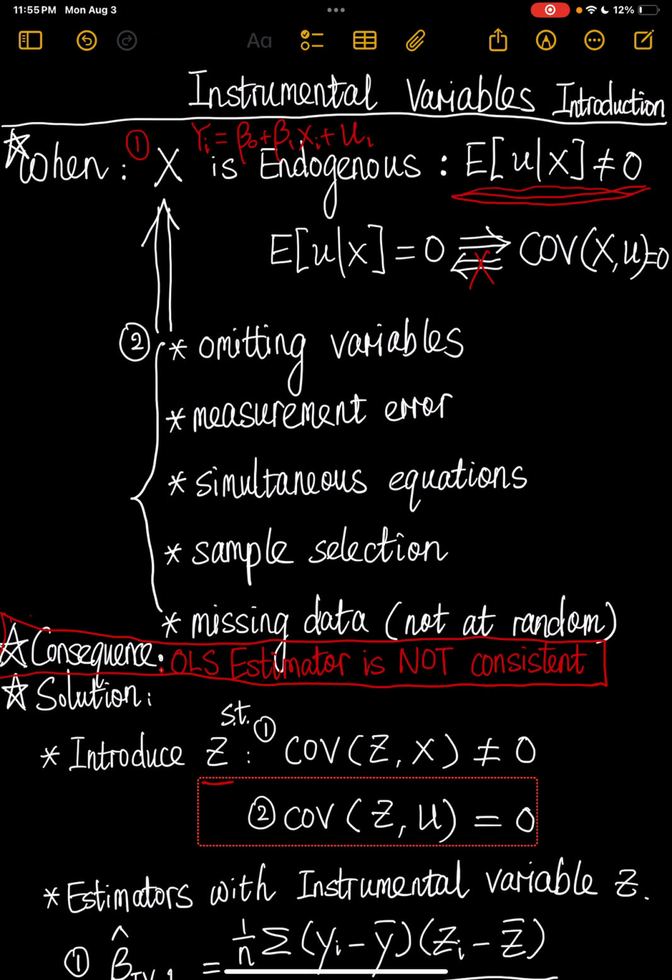For this z to qualify as an instrumental variable, it needs to satisfy two conditions.